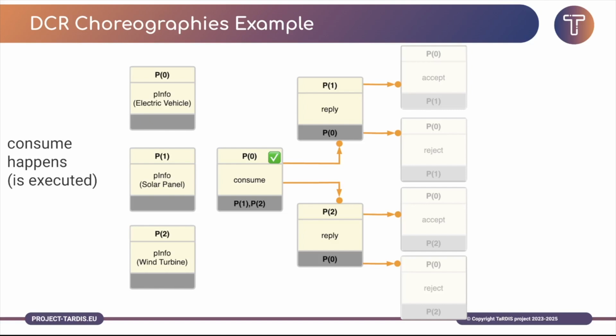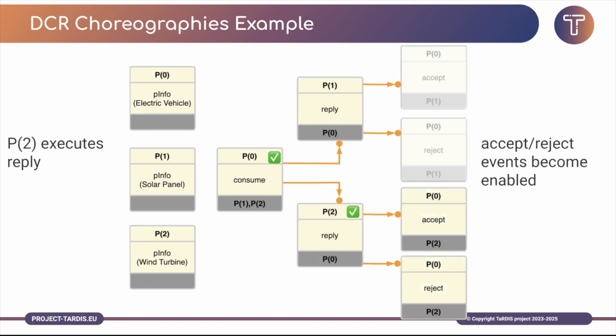The same happens when P1 executes the event reply and sends a reply to P0: then P0 can execute an accept or reject event. The same happens in P2. If P2 executes reply and sends a message to P0, then P0 can send a message accept or reject back to P2. In this case, there is no restriction on whether I can accept, reject, or both.